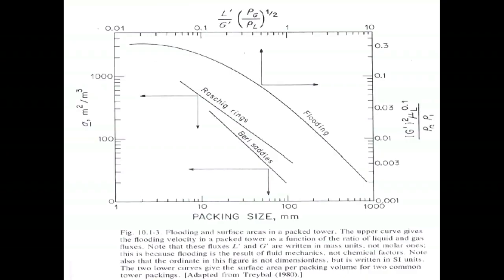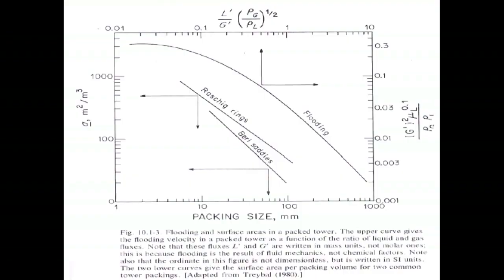The areas go up to in excess of about 3000 meter square per meter cube. And those straight lines indicate the specific area as it depends on the packing size. This is more or less geometrical, but instead of calculating again and again, you could make use of this chart, and once you choose the packing size, you will be able to tell what the specific area is.